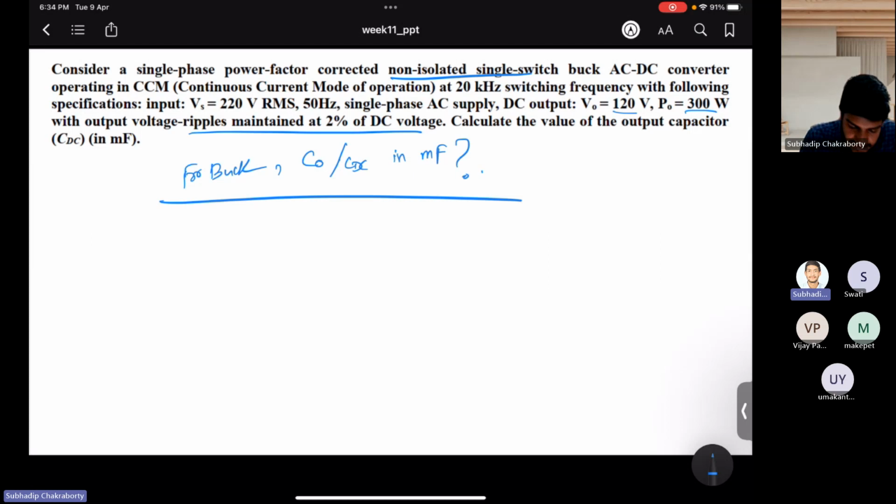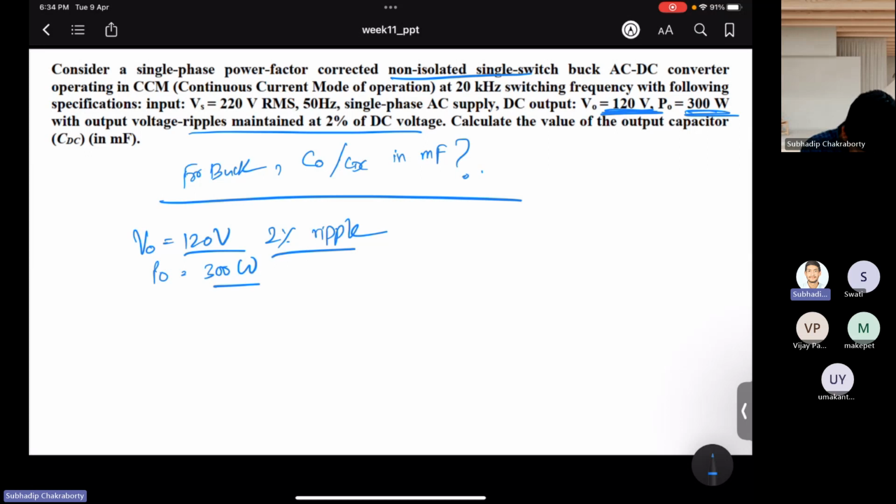The given parameters are output voltage 120 volt with 2% ripple, and P naught is 300 watts. V supply is given as 220, but you don't need that. Can you calculate delta V naught?